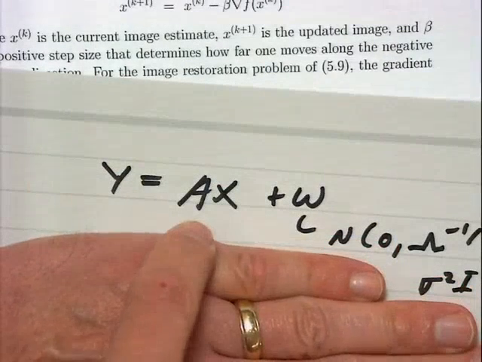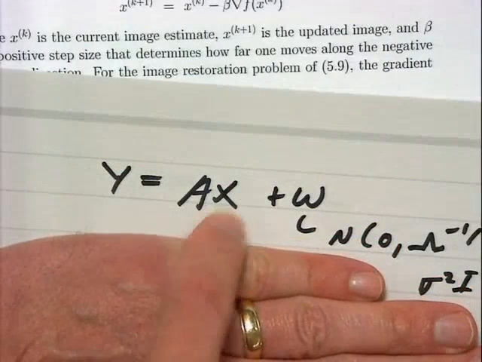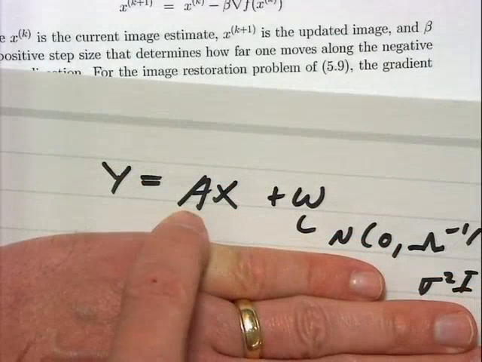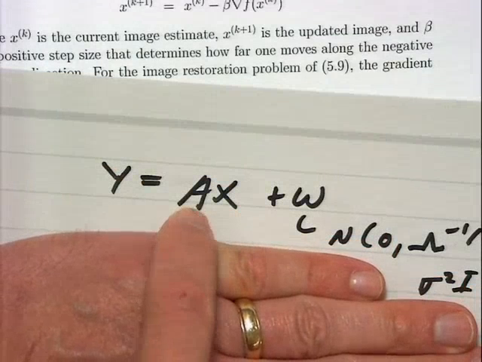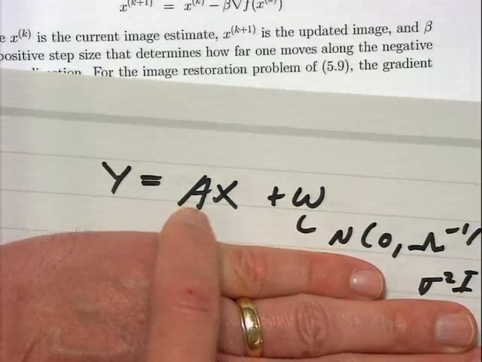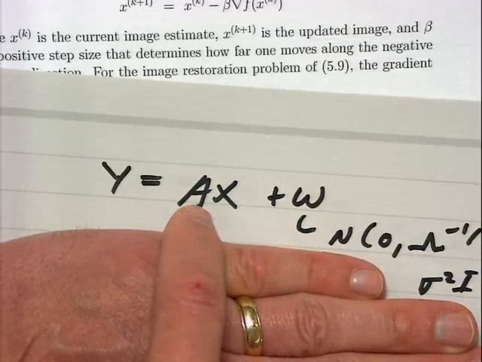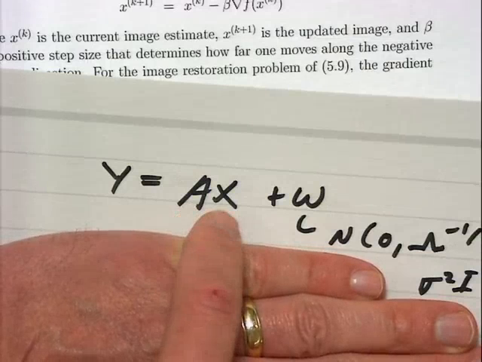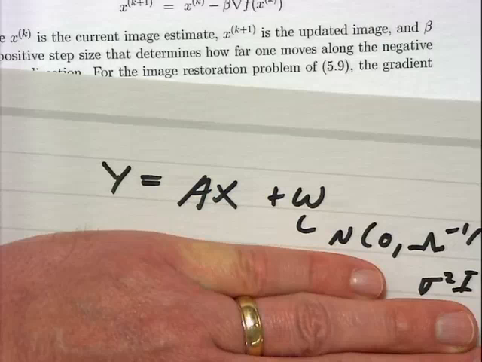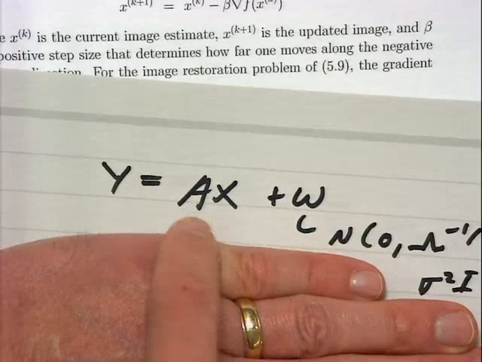A might be like a blurring operator. You have X, and A is a matrix which contains the blur function. Now, if you have a linear space invariant blurring operation, what's the structure of A?